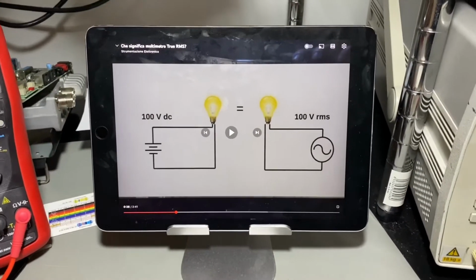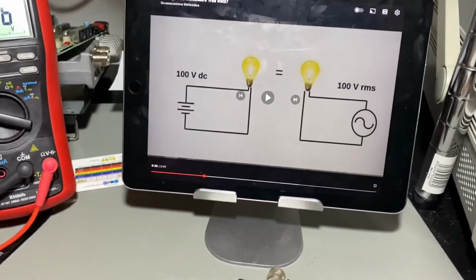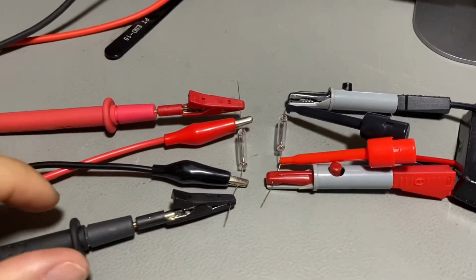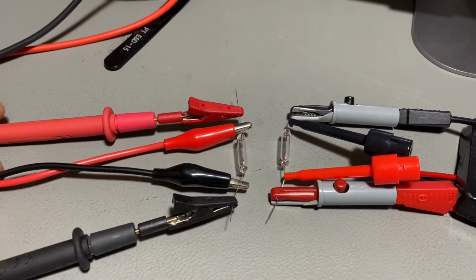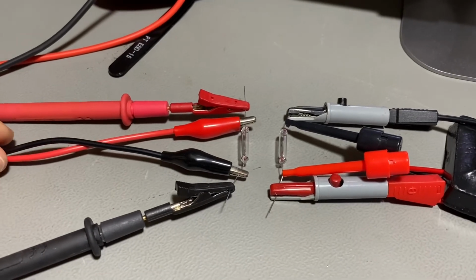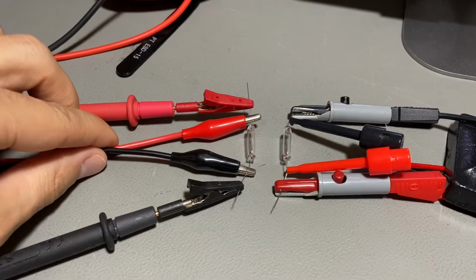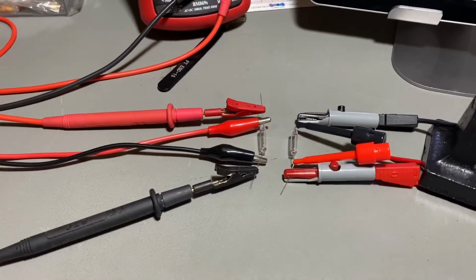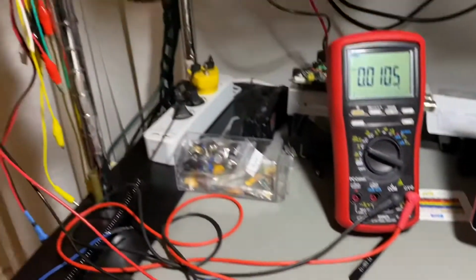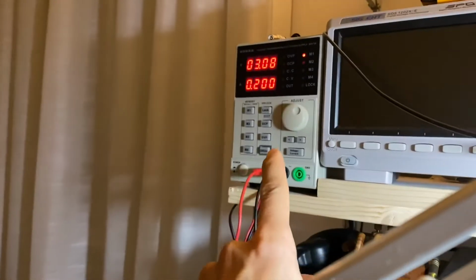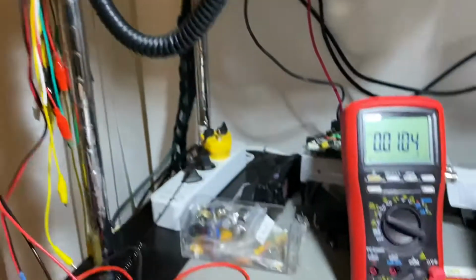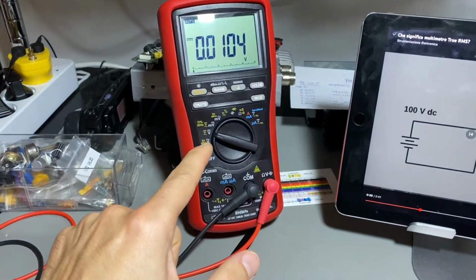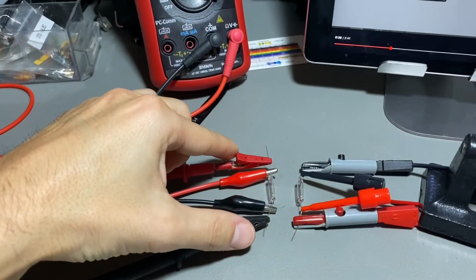Okay, I have now reproduced the two circuits, and those are right here. We've got two light bulbs, one on the left, one on the right. The one on the left is fed through these two inner cables. The DC current flows through the bulb and comes from the power supply right there, and I'm checking with the multimeter the voltage across the bulb.